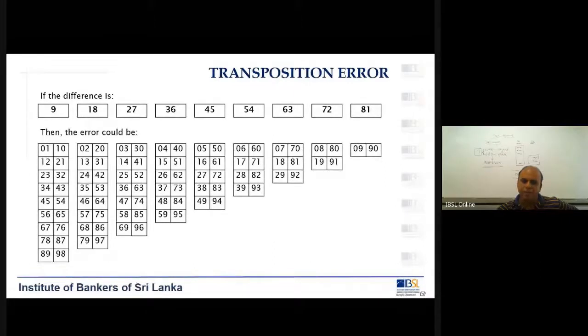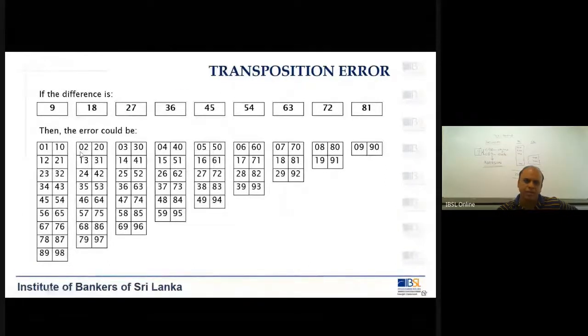The same can happen even like this. 02 can be written as 20. So 20 and 2, what is the difference between the two? It's 18. 18 means again 1 plus 8, it is back to 9. So your differences could be ultimately ending up to this level: 9, 18, 27, 36, 45, 54, 63, 72, and 81.